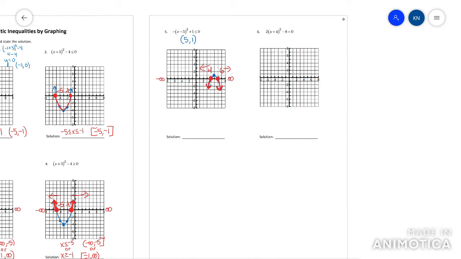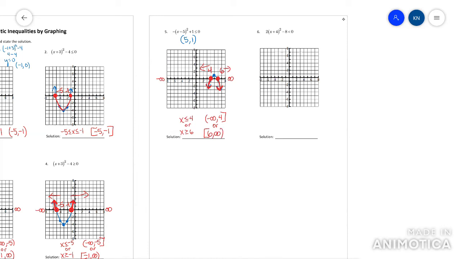So it's all my x's that are less than or equal to 4, or all my x's that are greater than or equal to 6. Or if you were writing it in interval form, you come from negative infinity all the way to 4 with a bracket, or now you go from bracket 6 to positive infinity, like that.